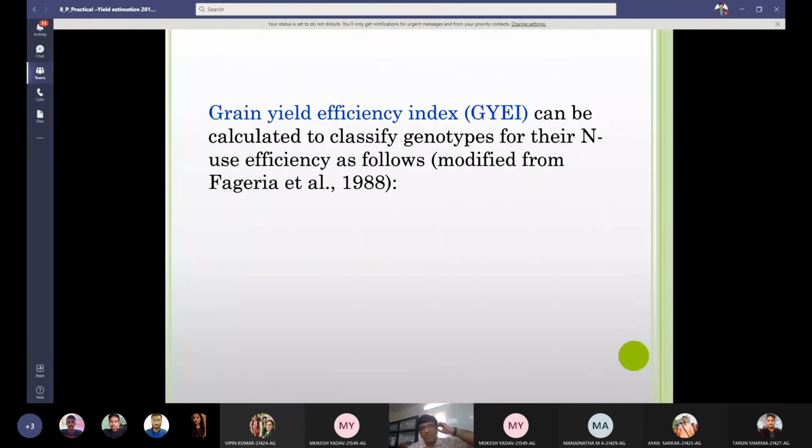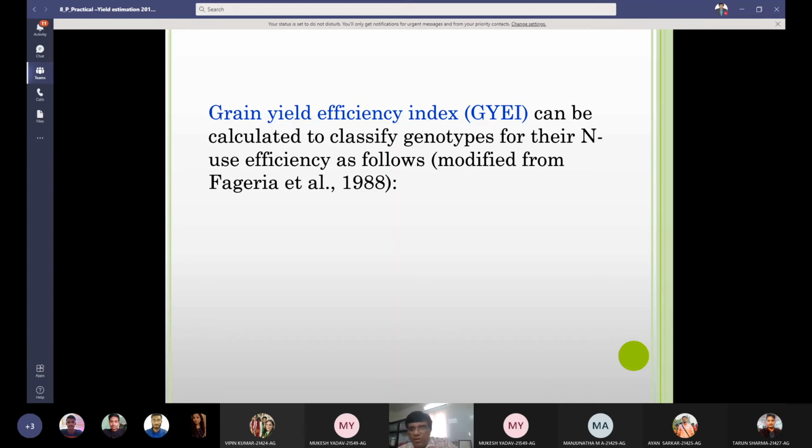Now you see the third part of this lecture, practical calculation of grain yield efficiency index. Grain yield efficiency index may be a new term to you. It was basically proposed by Fageria and co-workers in 1988.